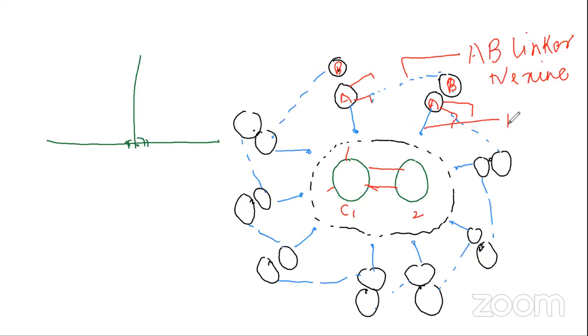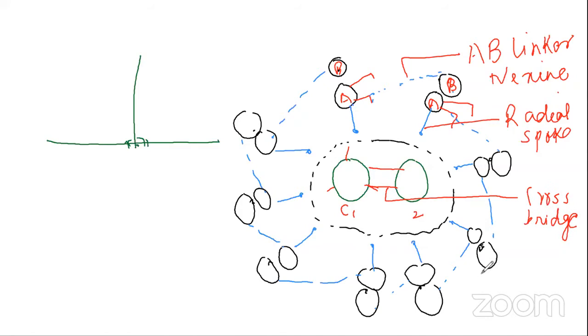This is the radial spoke. And this is the cross bridge.